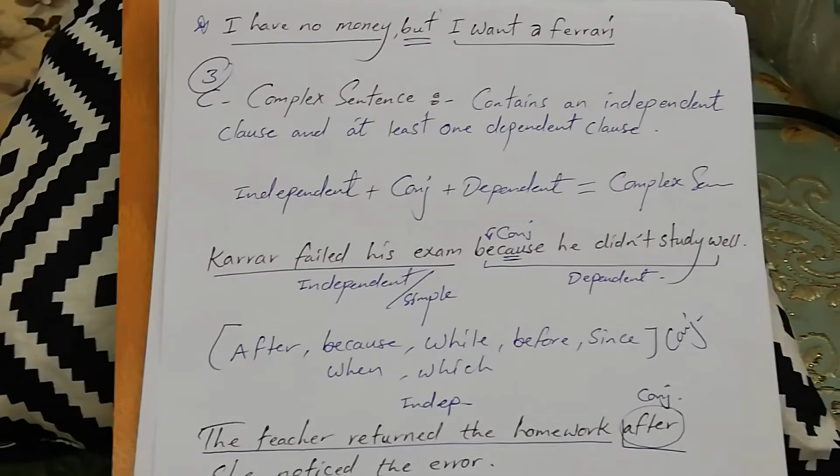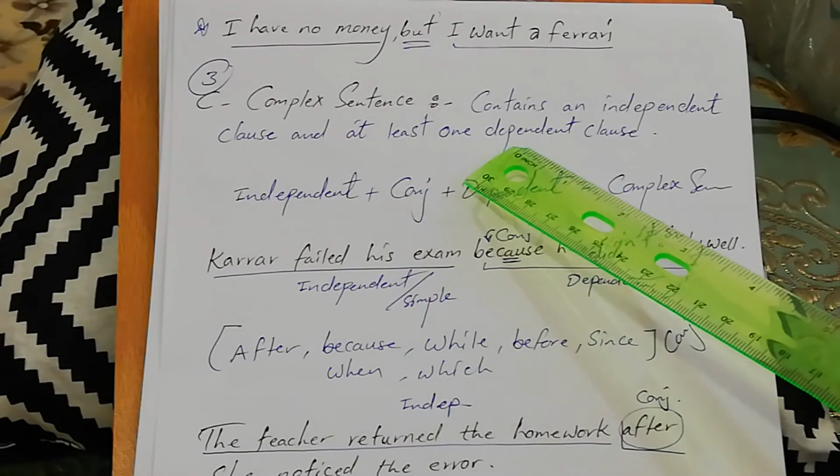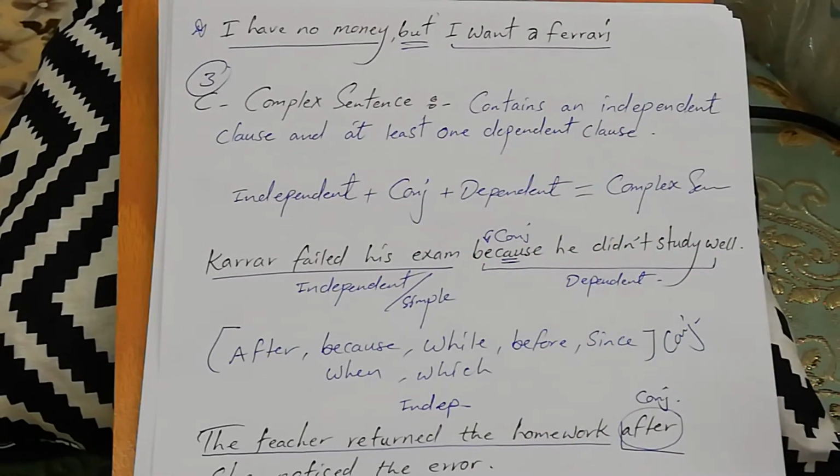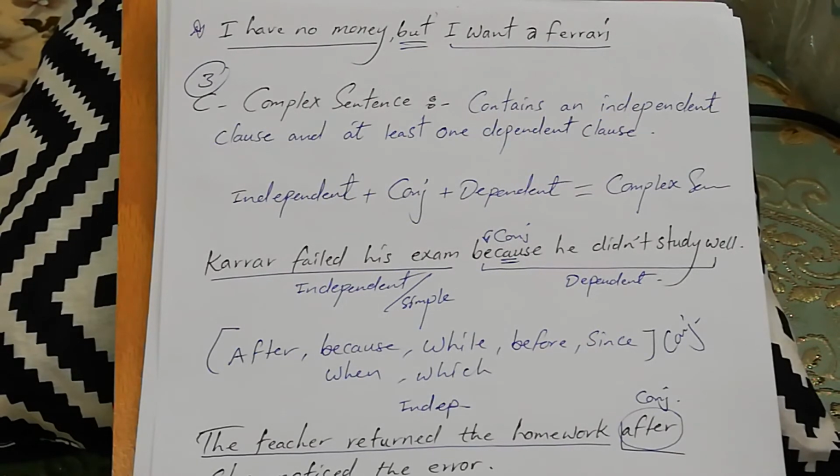It contains an independent clause and at least one dependent clause. لاحظ الجملة قلنا independent معناها المستقلة. شنو هي المستقلة؟ It contains a subject, a verb, and it gives a complete idea or thought. لكن ال dependent, I can define it as: it contains a subject and a verb, but it doesn't express a complete thought.